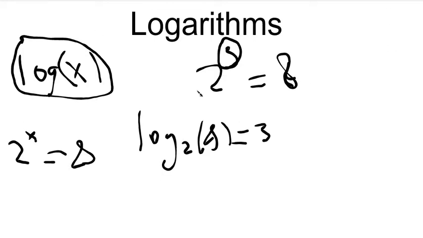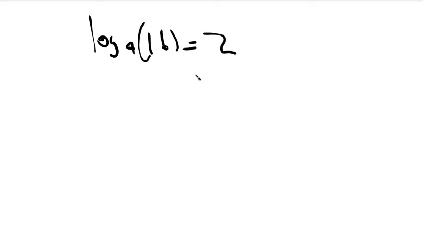Or even before that, let's take an example of a logarithm here. Let's write log base 4 of 16 is equal to 2. Write that in exponential form. How do we start with this? First, as we know, this is the base, so we write the base right here as an exponential base.